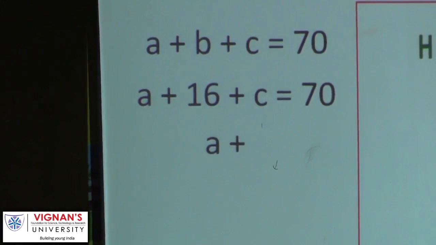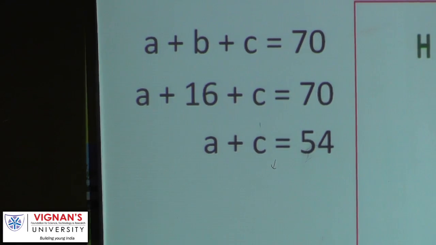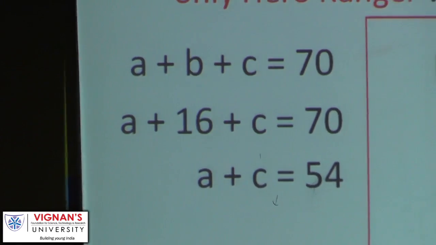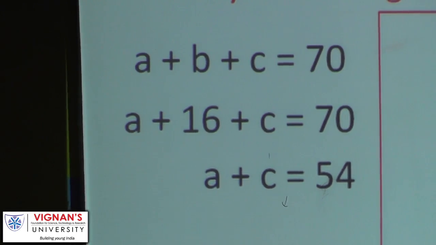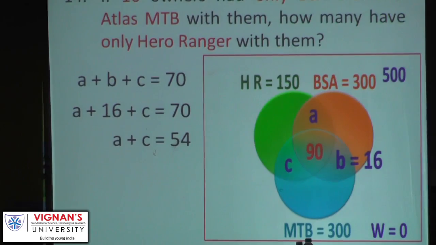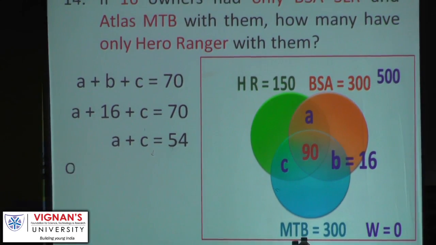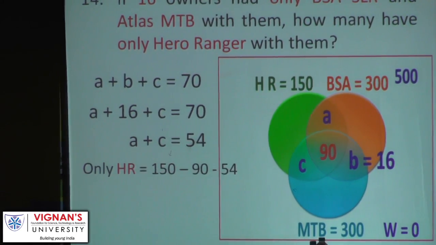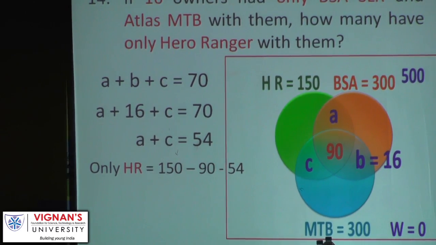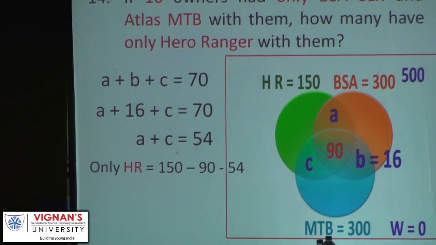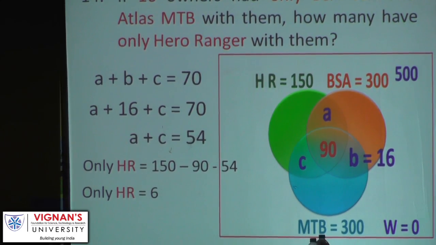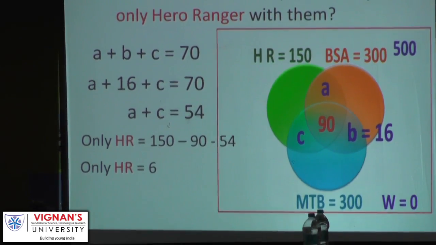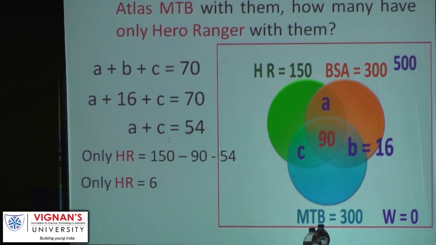So what is the green region? Only Hero Ranger is 150 minus 90 minus 54. How much? 6.